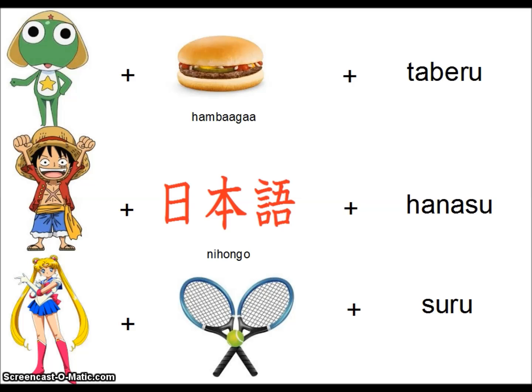So remember, suru is an irregular verb, so you just have to remember how to conjugate it. So how would you make this sentence? Sailor Moon wa tennisu o shimasu. Because suru is an irregular verb, you just have to remember that suru becomes shimasu. So Sailor Moon does tennis, or Sailor Moon plays tennis.